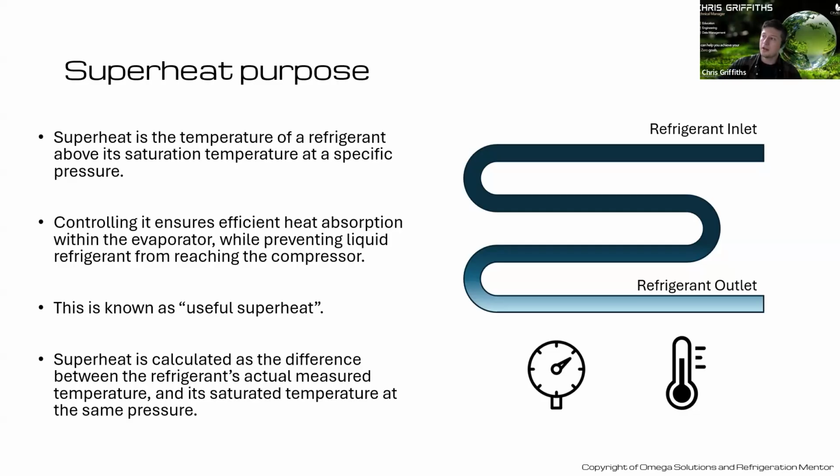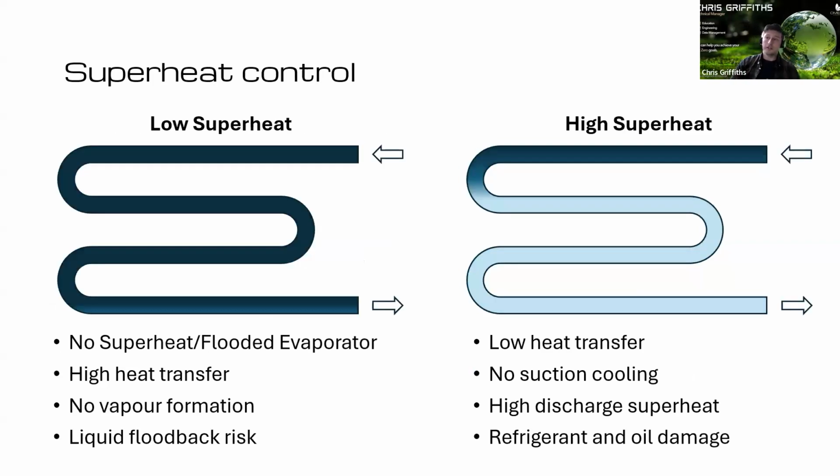On the right-hand side, we've got a very basic image of what an evaporator coil will be. Refrigerant will flow in, and as it gets towards the outlet, it will start to boil off, just shown as a change in color on here to give a bit of a visual indicator. And as we lead into how we control it, we can have issues of low superheat or high superheat.